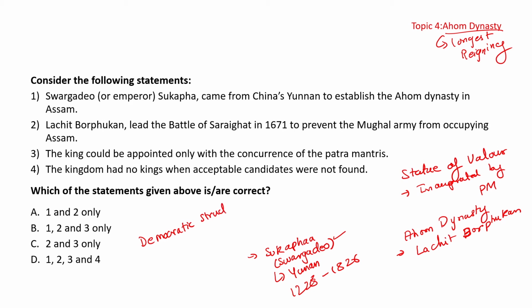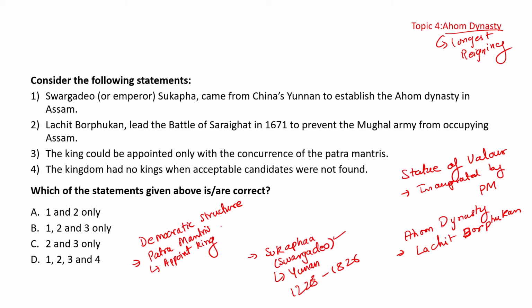How was it? So basically there were multiple prime ministers, there were multiple patra mantris, and these mantris would appoint a king through concurrence.